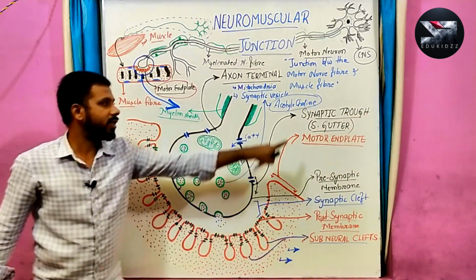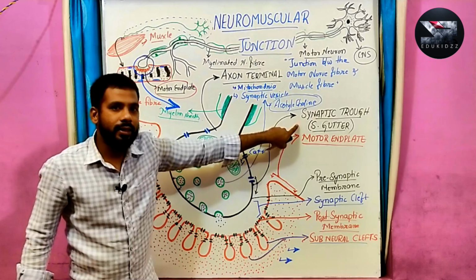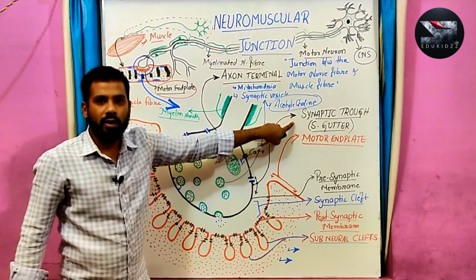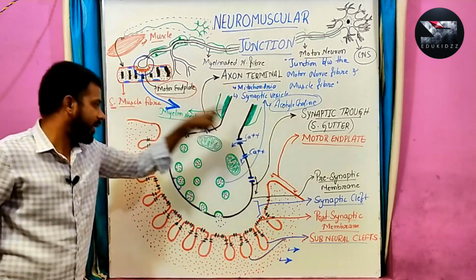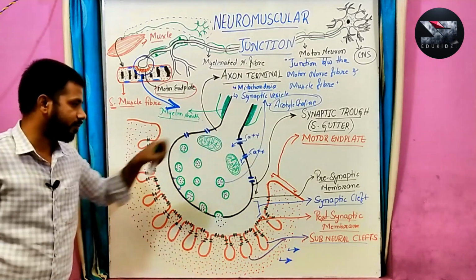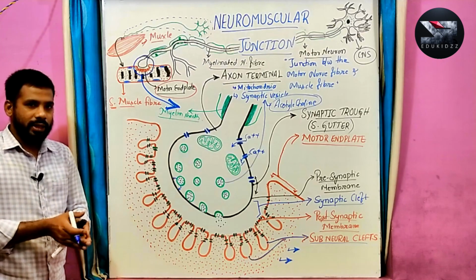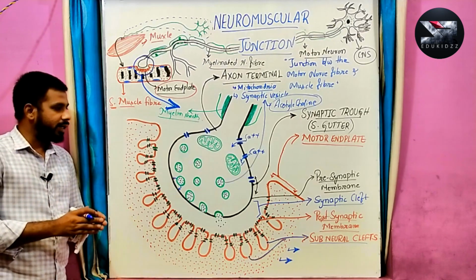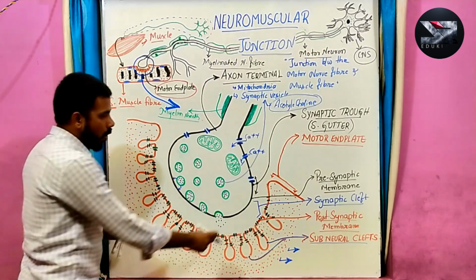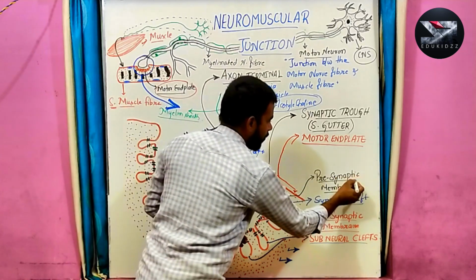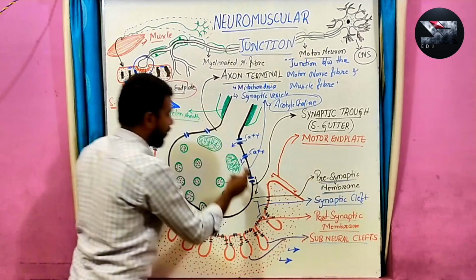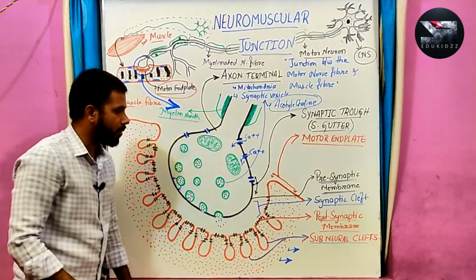You have to remember the synaptic trough is the neural part, which means it is the part of the nervous system found in the neuromuscular junction. Now, there are mainly two membranes involved in this neuromuscular junction. One is the presynaptic membrane, which is the membrane of the synaptic end bulb.